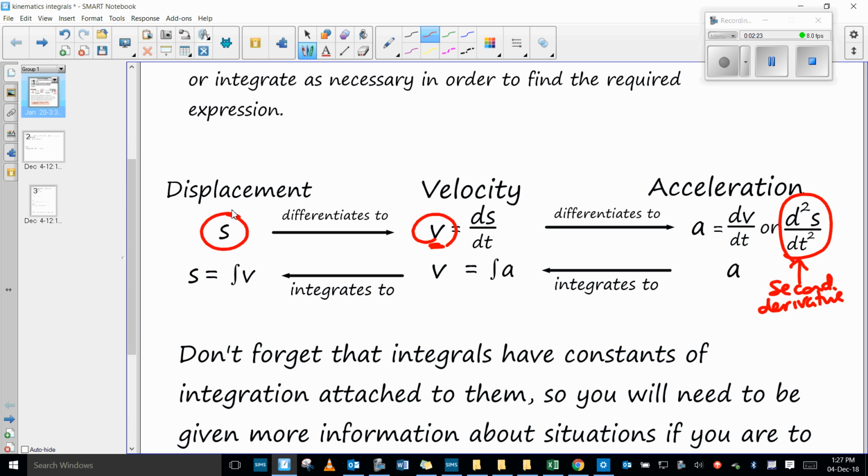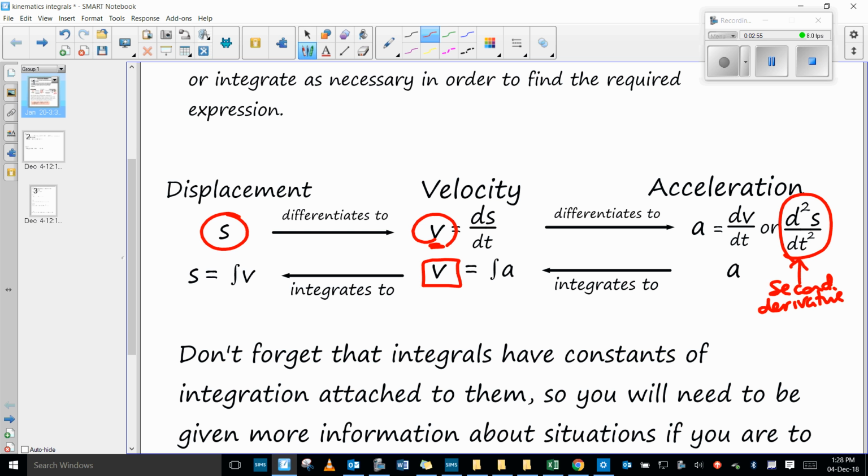A kind of question that you might have, they may well focus on velocity. They might give you an expression for velocity. They may ask you something about the acceleration, which involves you differentiating it. And they might ask you a question about displacement, which would involve you integrating it. But that's just one suggestion. They could ask you anything about this, but that's how they're all connected.